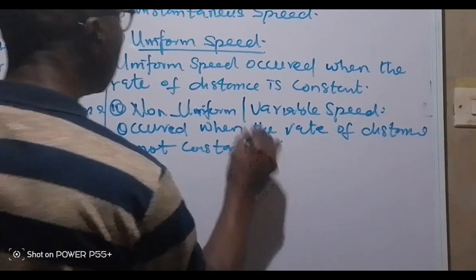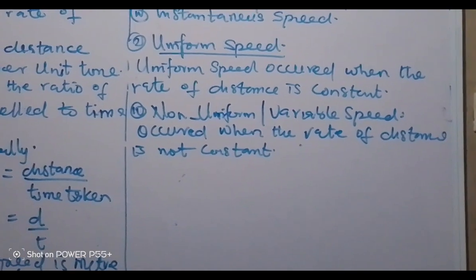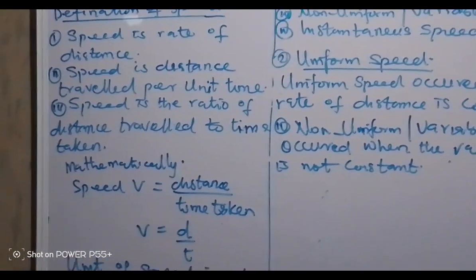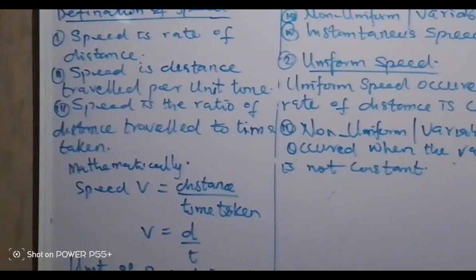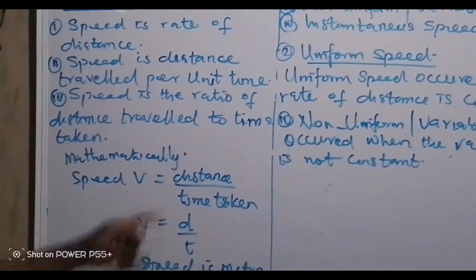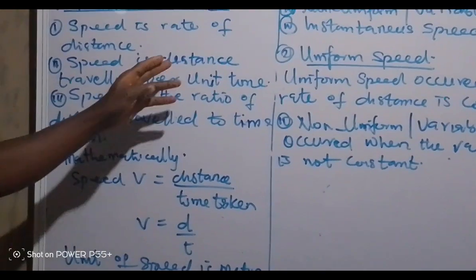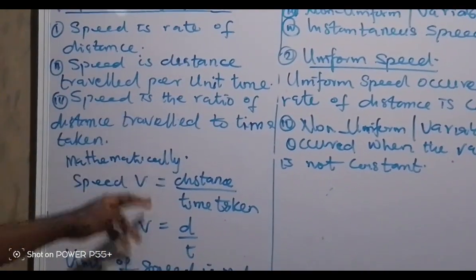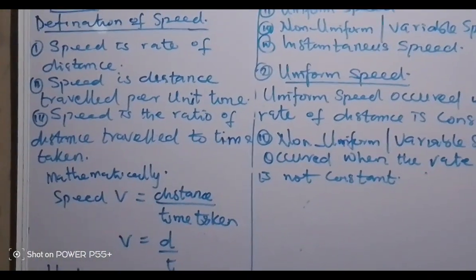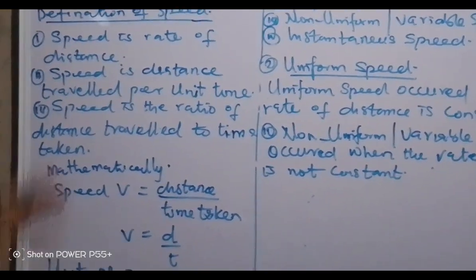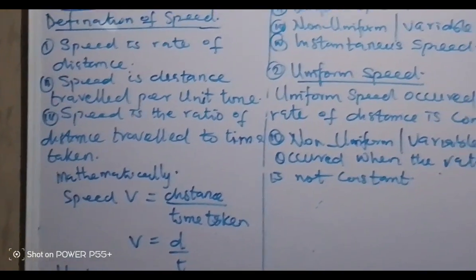Taking the second definition, it will occur when the rate of distance traveled per unit time is not constant. That is, the rate at which the distance and time will increase will not be at equal intervals of time. Taking the third definition also is the same thing.